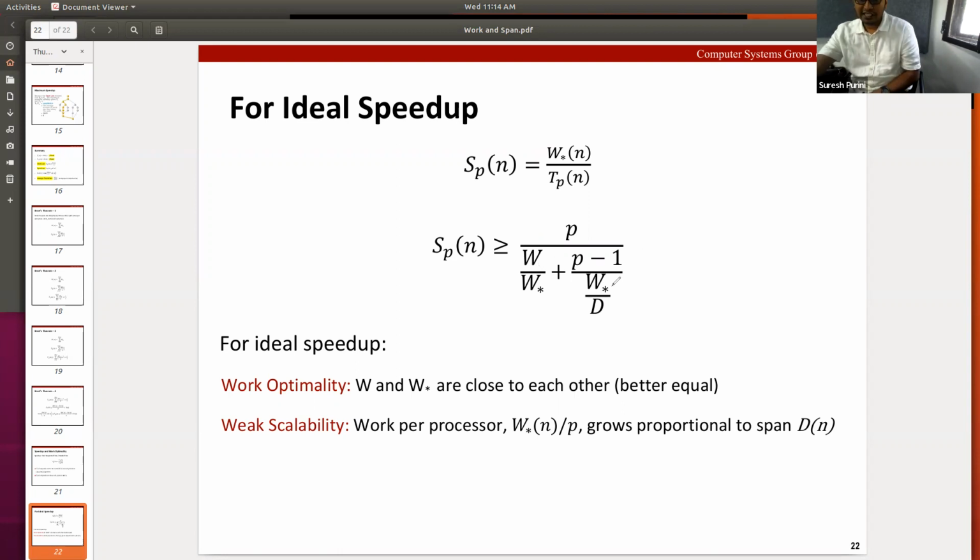The second is weak scalability. This is slightly less intuitive. Here we have written this as D by W star divided by P, and we are comparing this whole thing with the numerator. As the input length increases, the span increases.